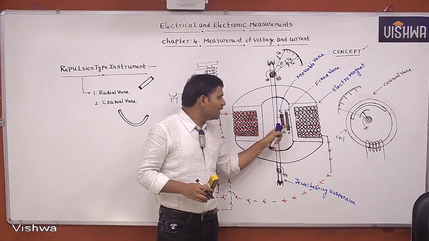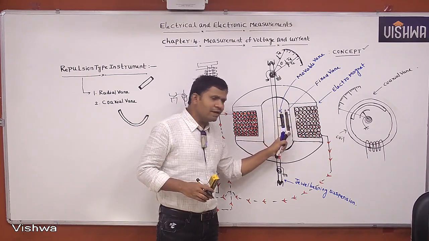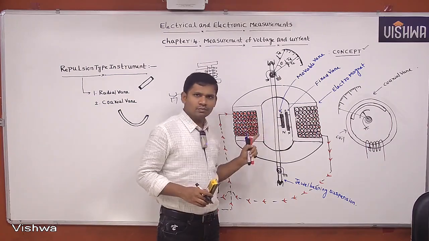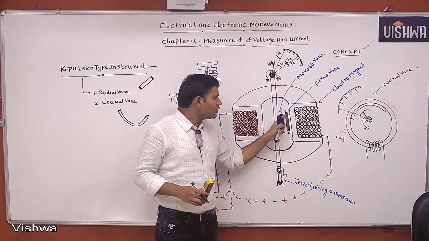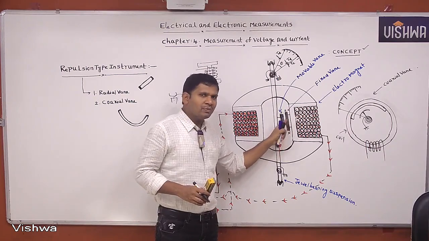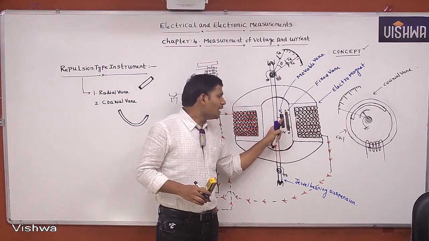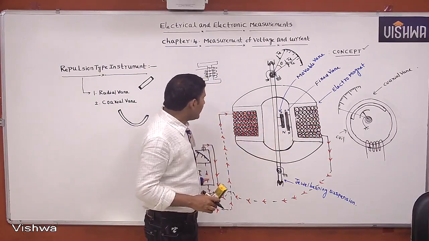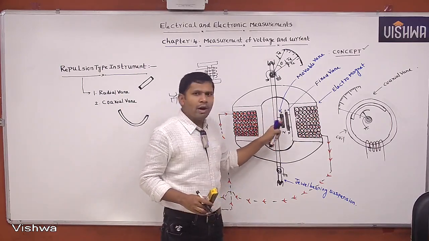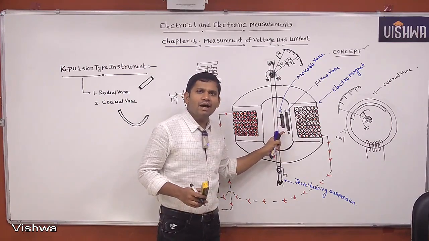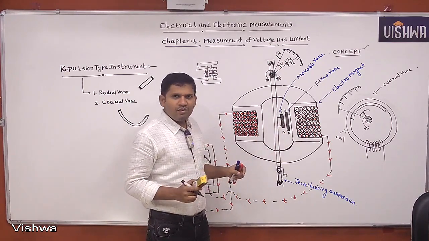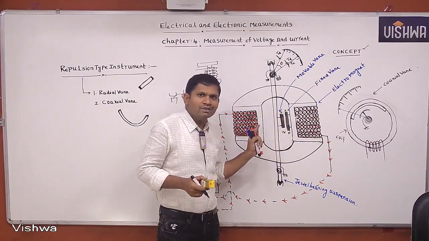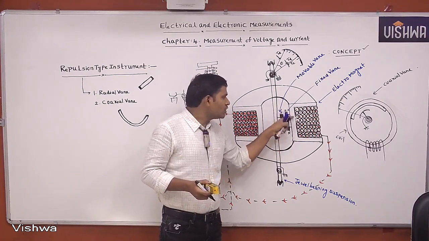This is the fixed vane attached to the hollow cylinder, and this is the movable vane attached to the spindle. Understood? That means whenever supply is given, these two iron pieces are magnetized in the same direction, with the same poles: south, south, north, north.